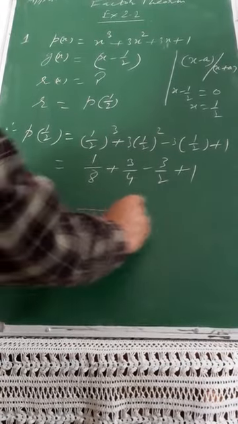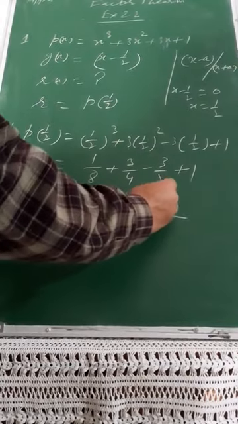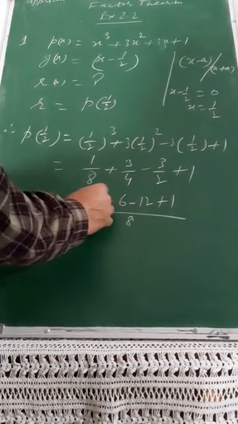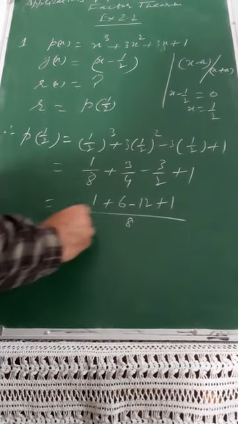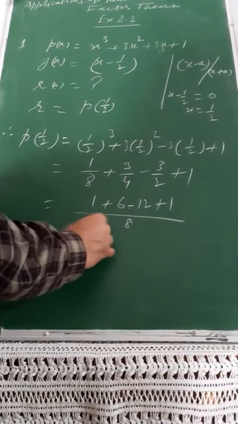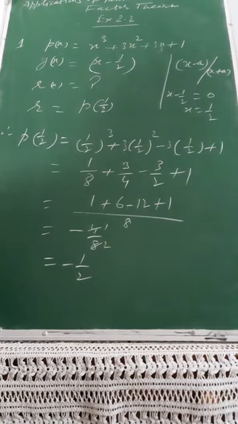In 2, 4 and 8 you can take the LCM: 1 plus 6 minus 12 plus 8. 1 plus 6 is 7, plus 8 is 15, minus 12 makes it 3 upon 8. Wait, as in the lecture: the total gives minus 4 upon 8, so minus 1 upon 2 will be the remainder.